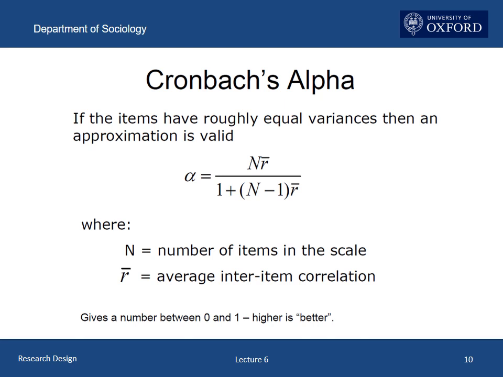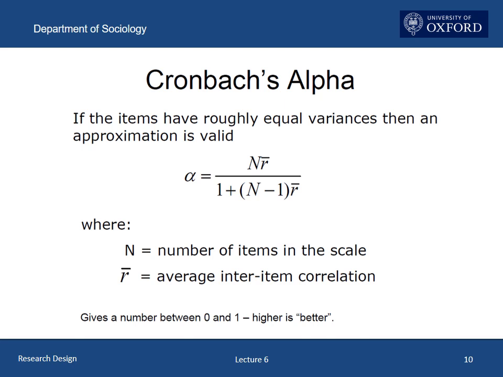Summing together a set of items returns us again to the question of reliability. How can we assess reliability when we're dealing not with two, but with many items? The conventional answer is to make use of something called Cronbach's alpha. If we can assume that the individual items have roughly equal variances, Cronbach's alpha can be approximated by this simple formula, which in effect makes it a function of the average inter-item correlation.